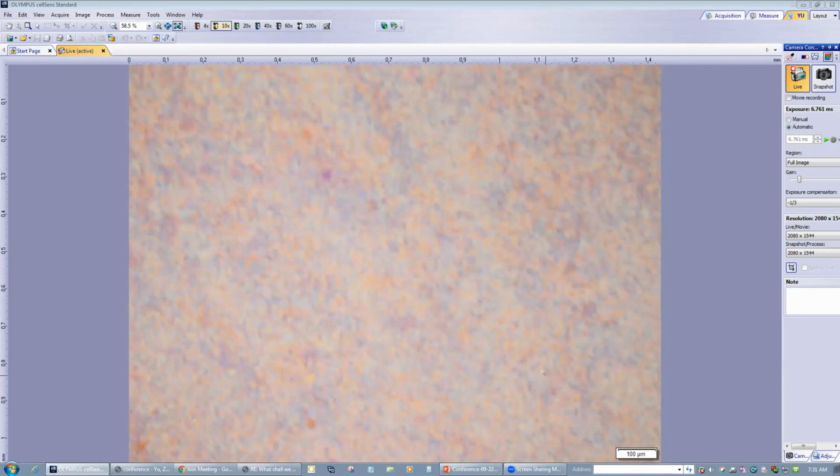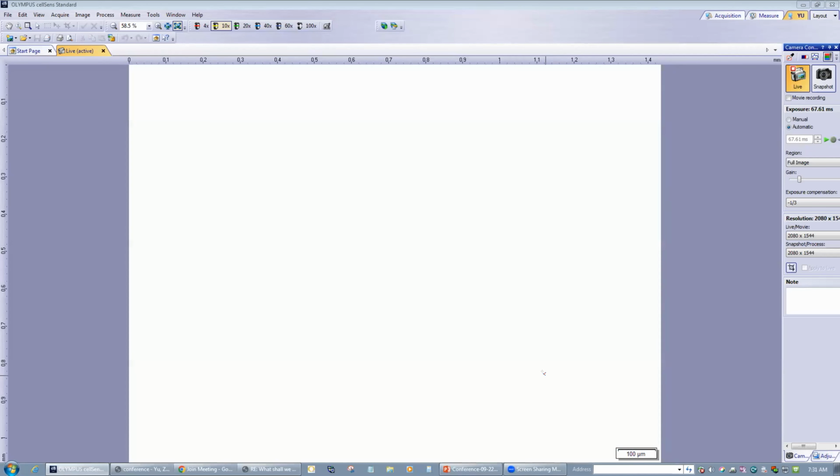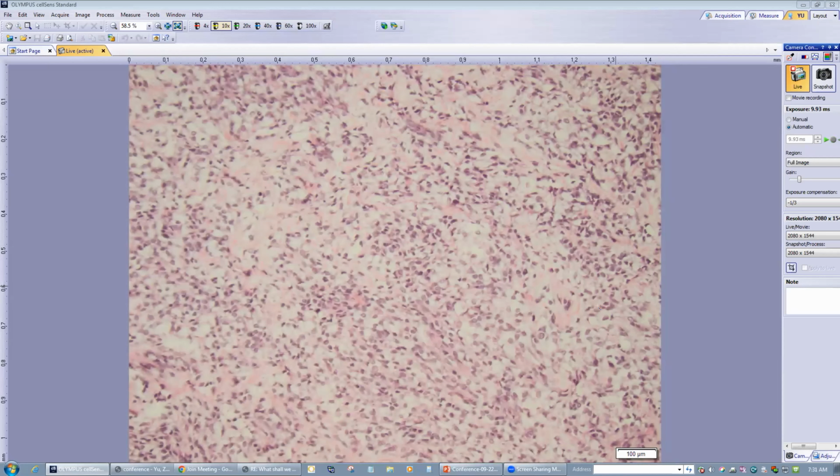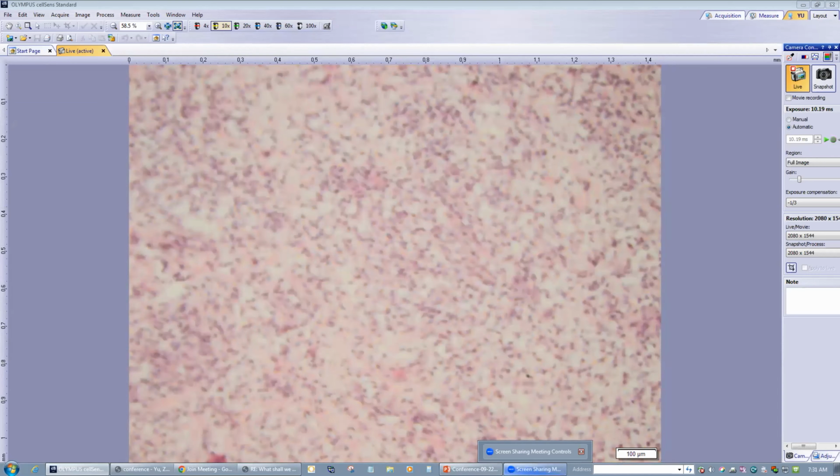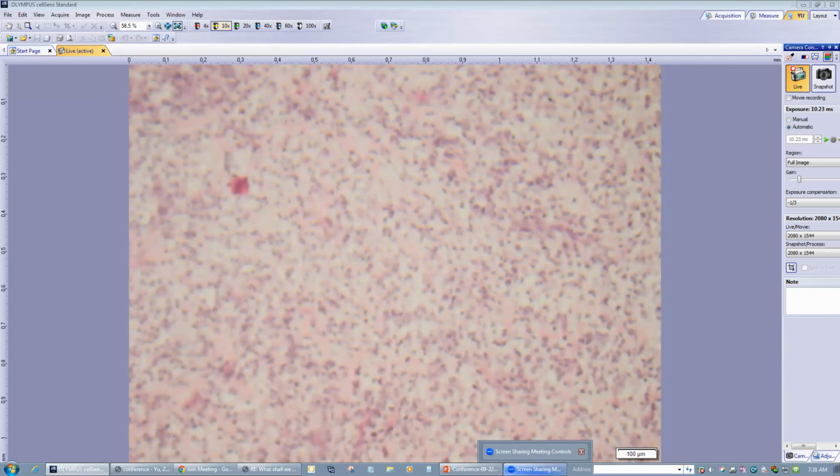There's another one. Take a close look. The vessels are what we call chicken wire, branching vessels that are very prominent. Architecture-wise, you notice so many vessels.